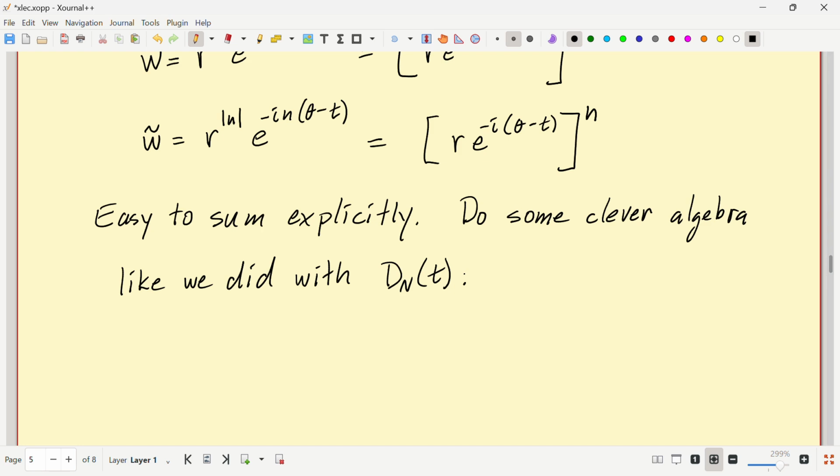And we get something incredibly simple as we let n go to infinity.